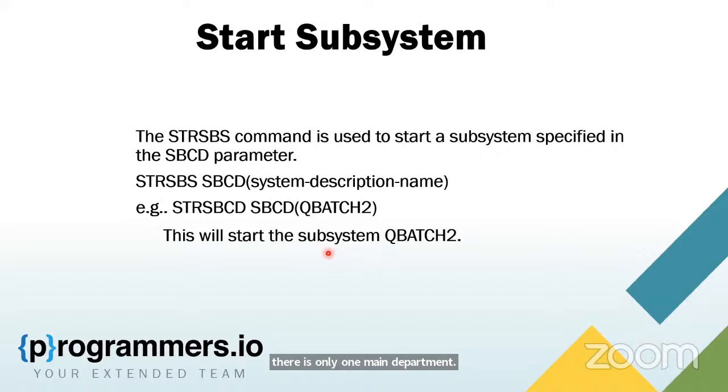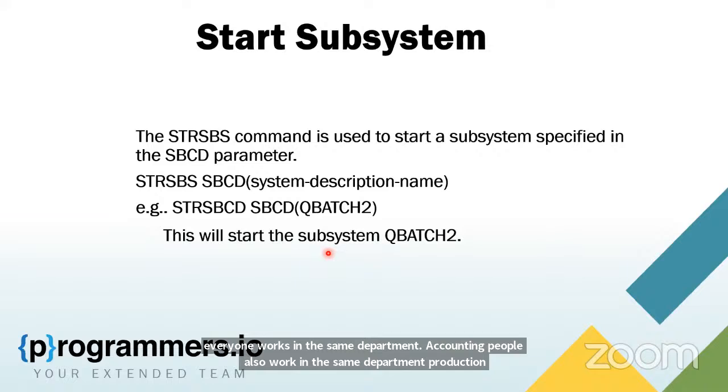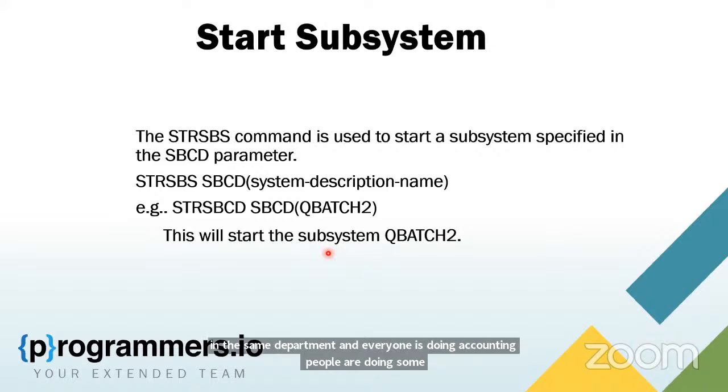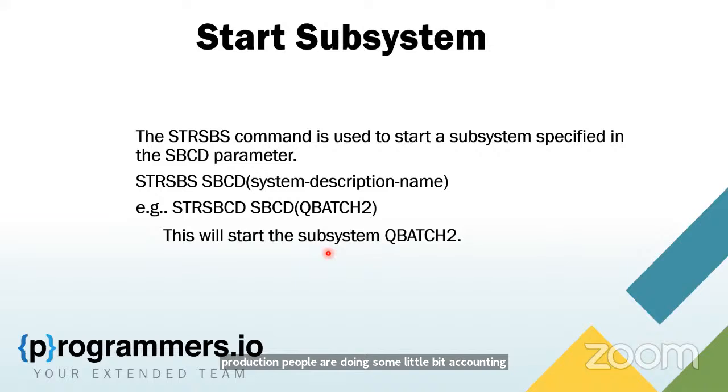Accounting people also work there, production employees also work there. Accounting people are doing some tasks of production, and production people are doing a little bit of accounting. All are doing all jobs. So it is very confusing, right?